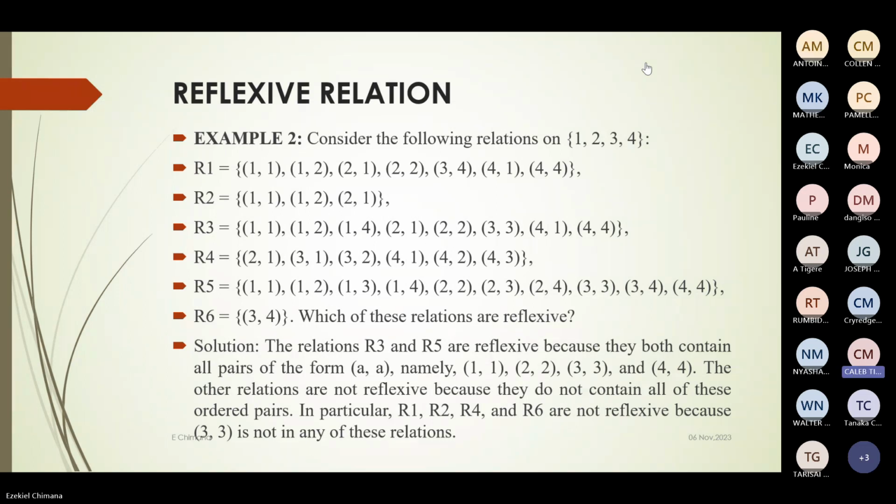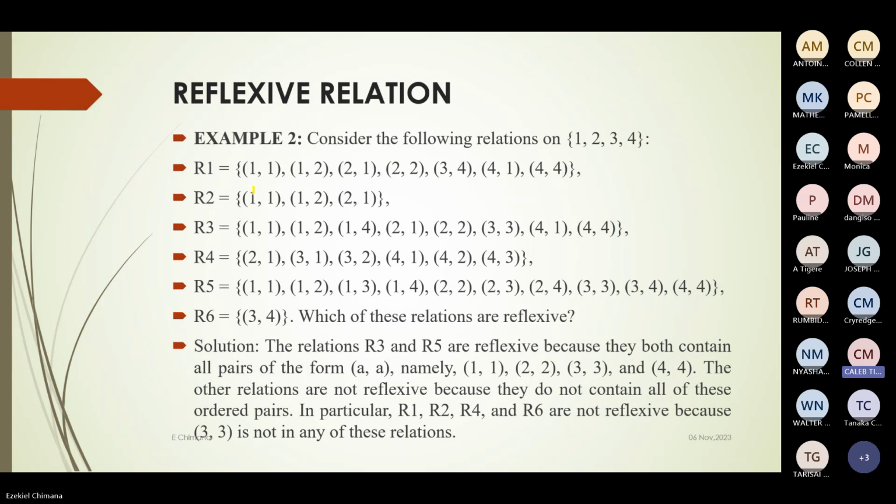I think yes, sir. Why? We have a (1, 1) there, paired to itself. For a reflexive relation, we should have those elements that are paired to themselves. We have (1, 1), (2, 2), and (4, 4), each paired to itself.